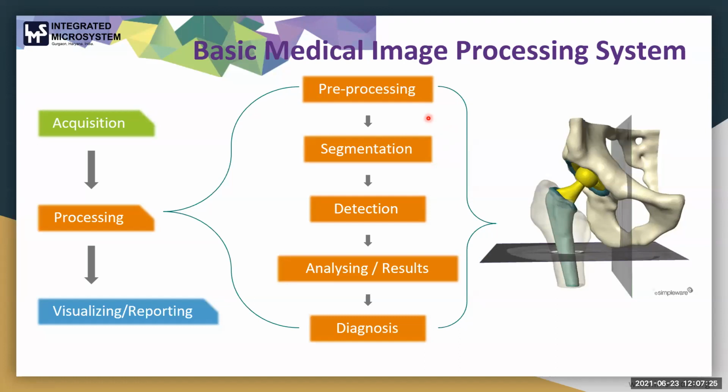Then we do the segmentation of our region of interest. We detect our region of interest and the anomaly, whatever we want to see in that data set. Then we analyze it and prepare the results, and then further diagnosis can be done. So this is what we will discuss today.